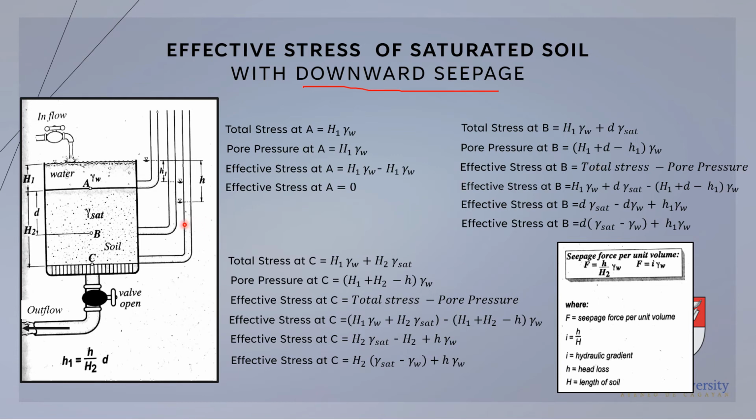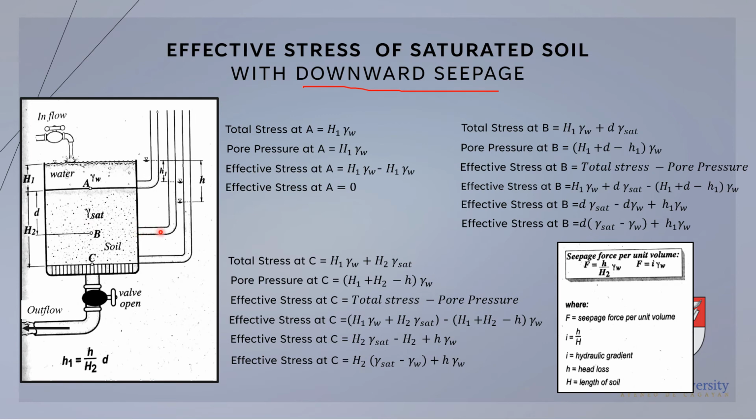So the total stress at point B is equal to everything that lies above it. That is H1 times gamma water plus D times the gamma saturated. So the pore water pressure is just equal to H1, kaya naman na diri atong water table. So that is H1 times H1 plus D minus H1.